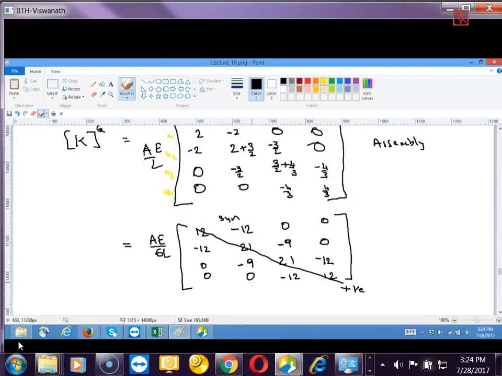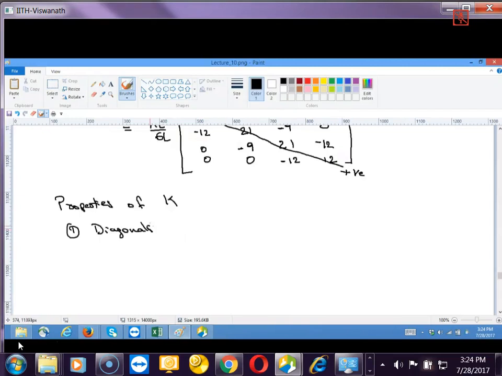So let's see the properties of K. The properties of K are, first thing, diagonals are always positive. Second, K is symmetric.